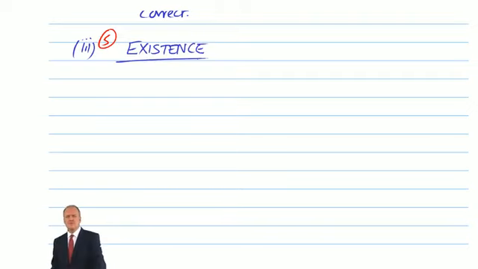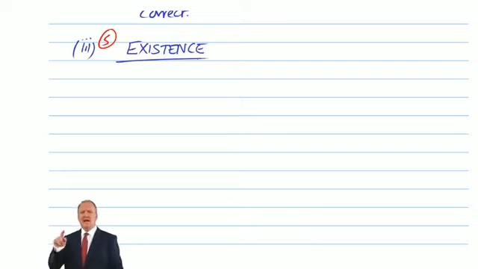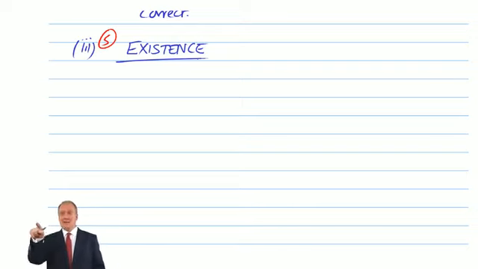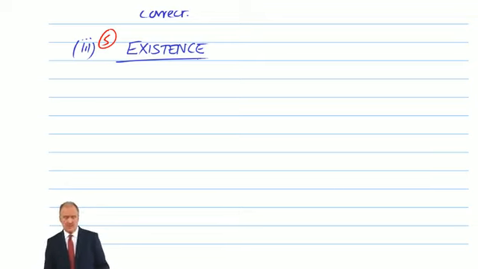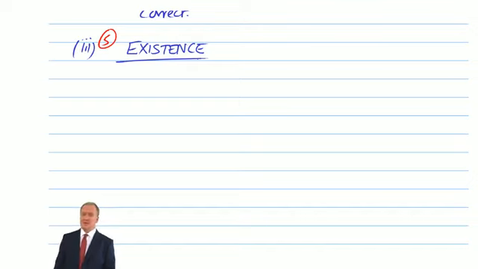How do I know that the year-end customer balances exist? And you're not allowed to enquire of the third parties. Got to come up with something else. How do you know those balances exist? Well, if I can't ask the customers, another way of knowing is if those balances existed on the 31st of March, at least some of those customers should have paid by now, because it's now the start of June.